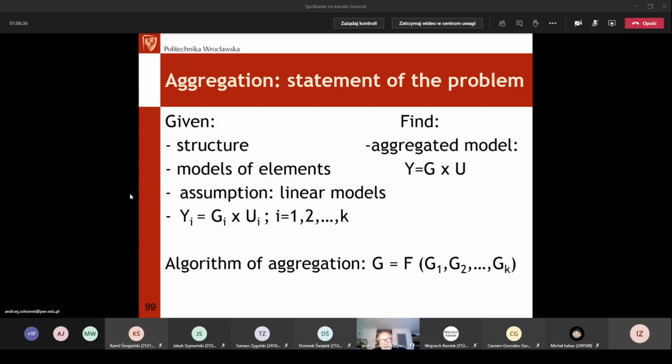As I said, this kind of work, I mean aggregation, is possible only for linear objects, because for a non-linear object we sometimes cannot solve an equation of order higher than square.